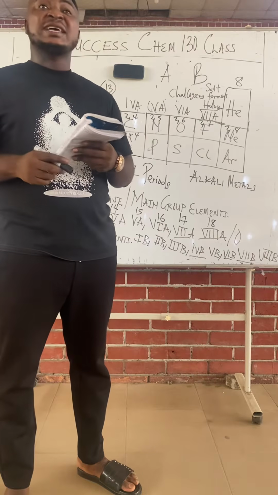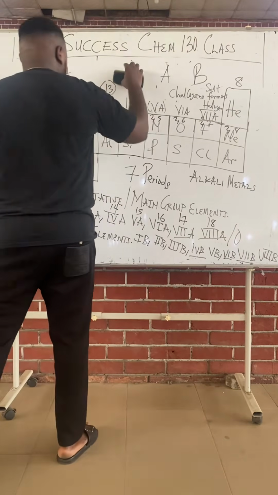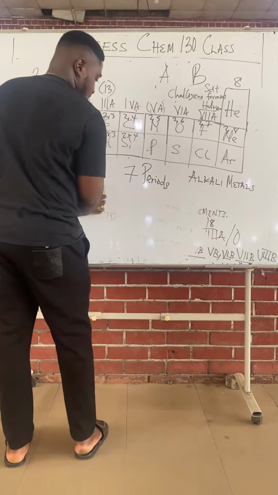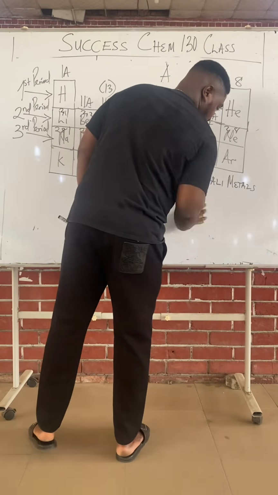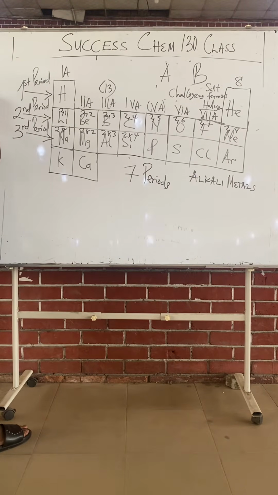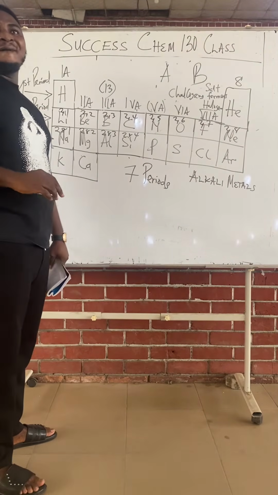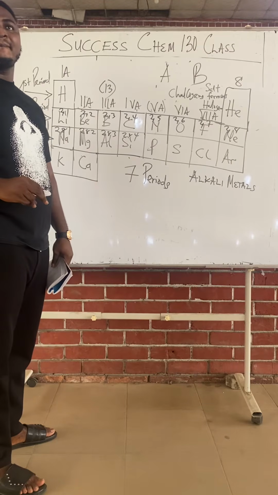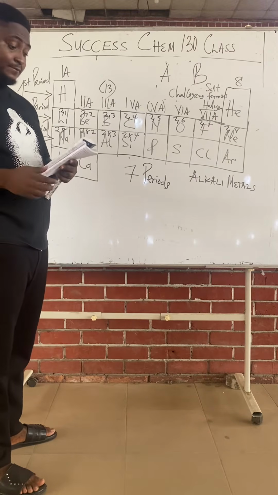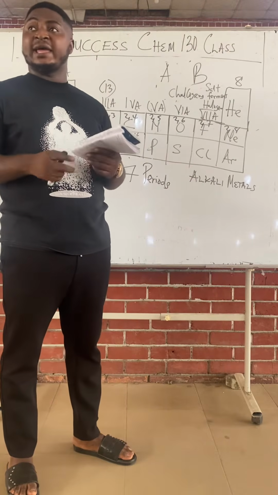Let us start with atomic size or radius. Write down atomic size or radius. This is 1/2 of the distance that exists between two atomic nuclei.